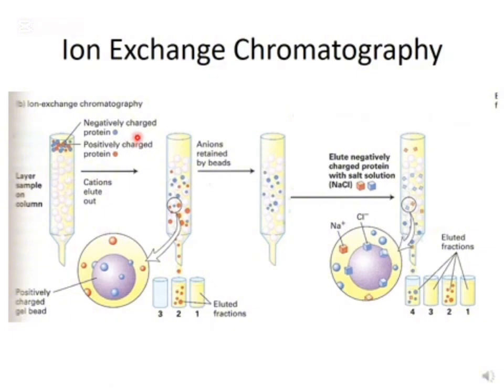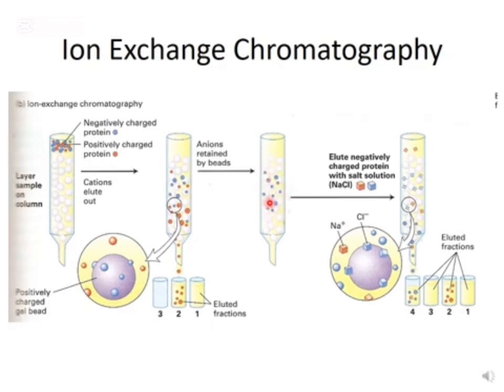Again, we have this column. The column has proteins that are negatively and positively charged added to it. The beads themselves are positively charged. So the positively charged proteins are going to go through quickly because they are going to be repelled by the positively charged beads. So the first fraction is going to be the most positive, as I mentioned earlier, and the negatively charged proteins are going to bind to the column.